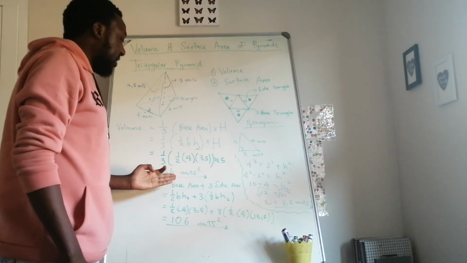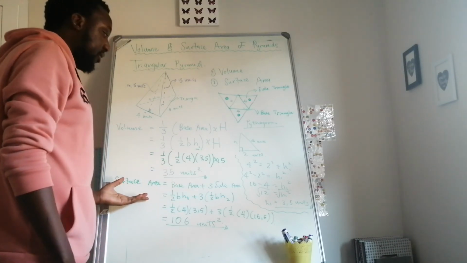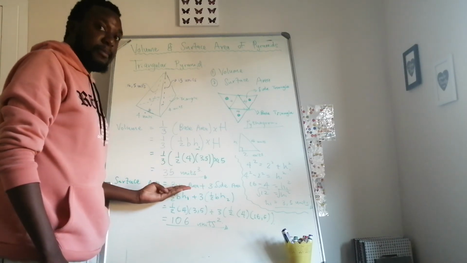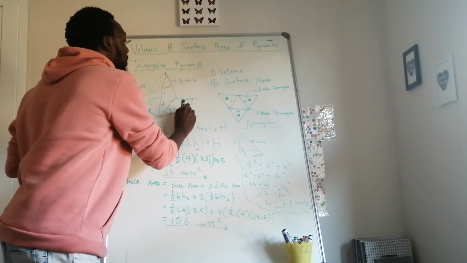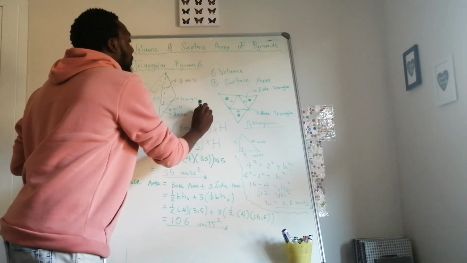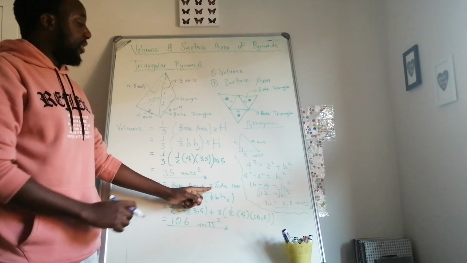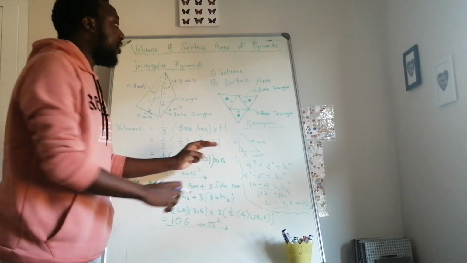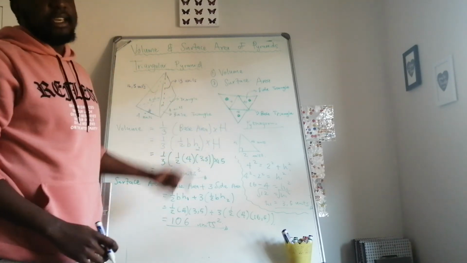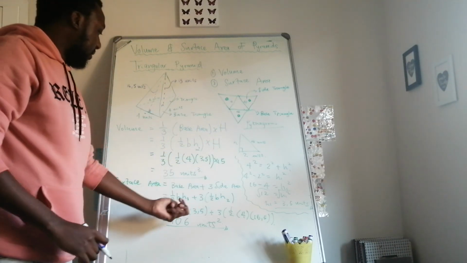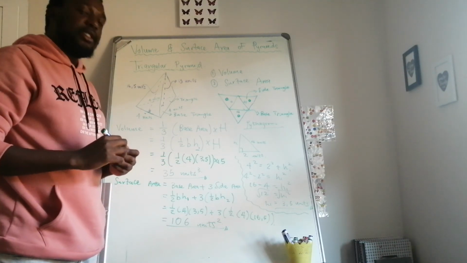Substitute everything, I get 35 units cubed. For the surface area, on the other hand, I calculate the area of the base, which is this base triangle, and then I add 3 times the area of these side triangles. When I open it up, it looks like that. You plug all this into your calculator and you'll get 106 units squared.